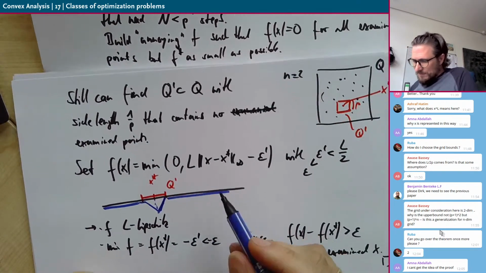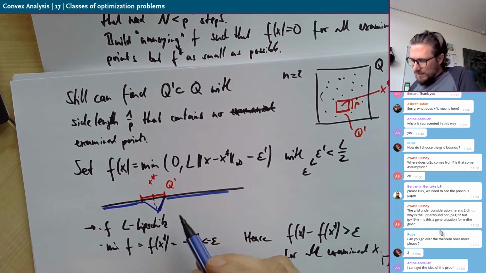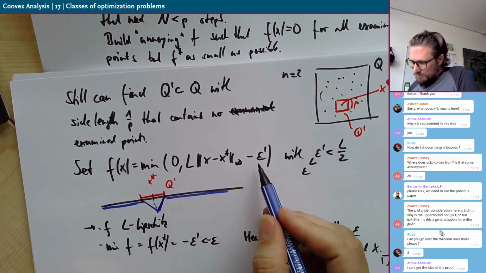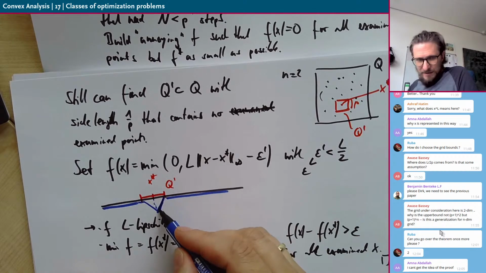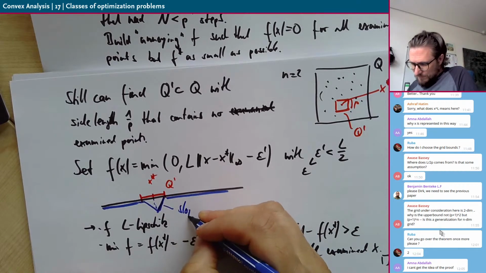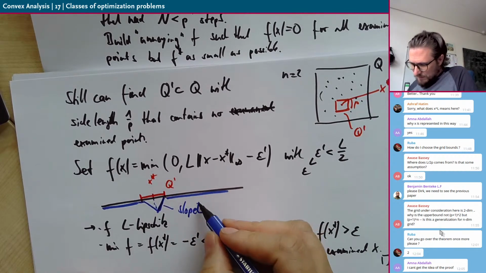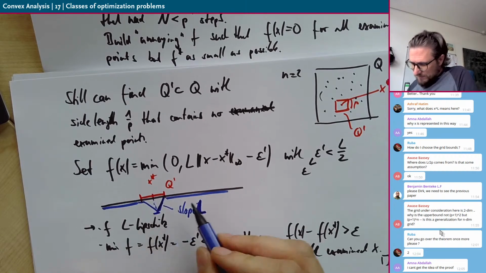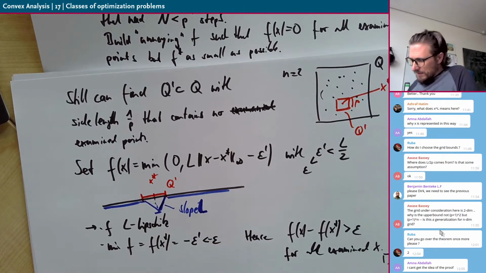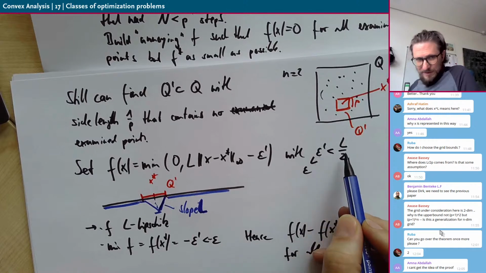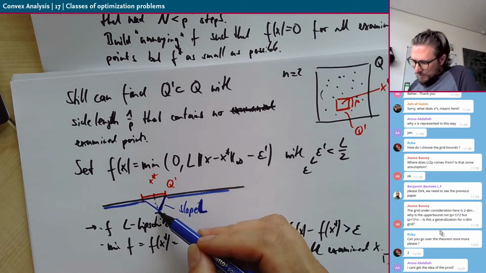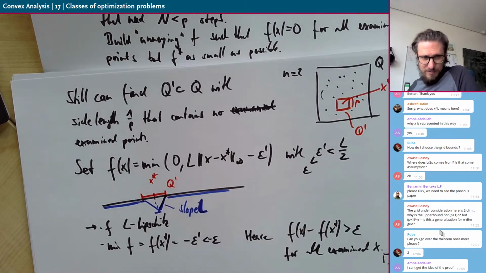And so this is how it looks from the side, and this minimum value here is minus epsilon, and the slope here is L. So slope L, and this here then is minimum epsilon. If you choose epsilon like that, you guarantee that you reach 0 before you come to the corner of the end of the cube.